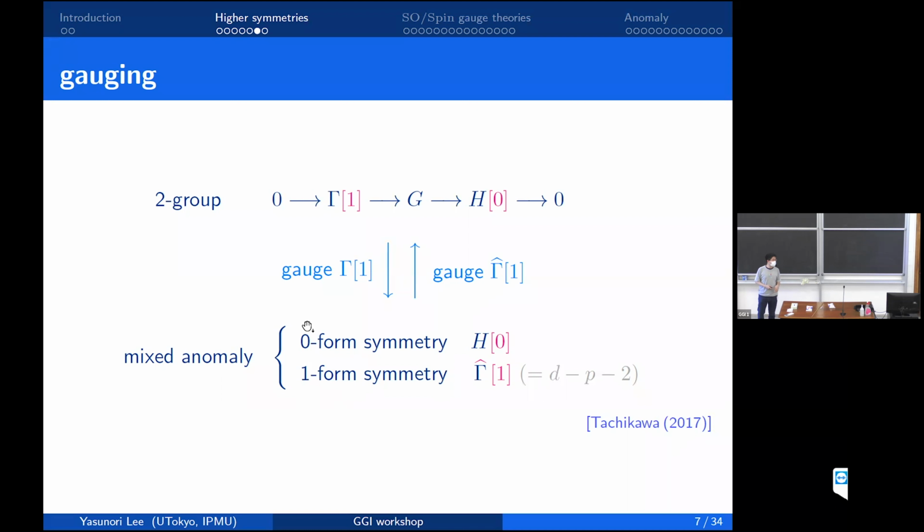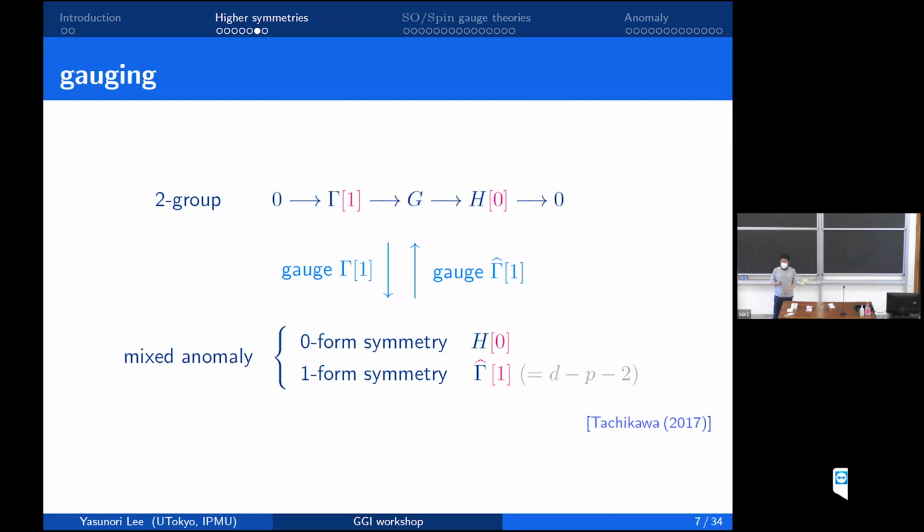And the gauge theory turns out to have 0 form symmetry H and 1 form symmetry gamma hat, which is the Pontryagin dual of gamma, with a certain mixed 't Hooft anomaly between them. The two group here is actually controlled by a certain cohomology class, and this cohomology class is in some sense inherited by the mixed 't Hooft anomaly on the gauged theory side.